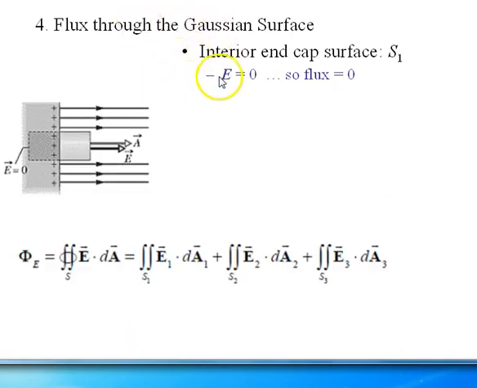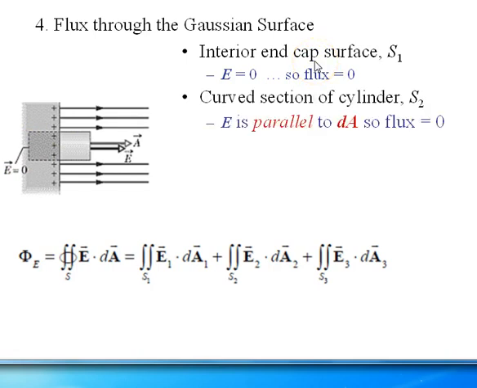If we want to find the flux at each of the three Gaussian surfaces, the left end cap, the right end cap, and the cylindrical surface, we know on the interior end cap here, we'll call that surface 1, since the electric field is 0, then the flux is also 0. On the curved section of the cylinder, there's no electric field in here.